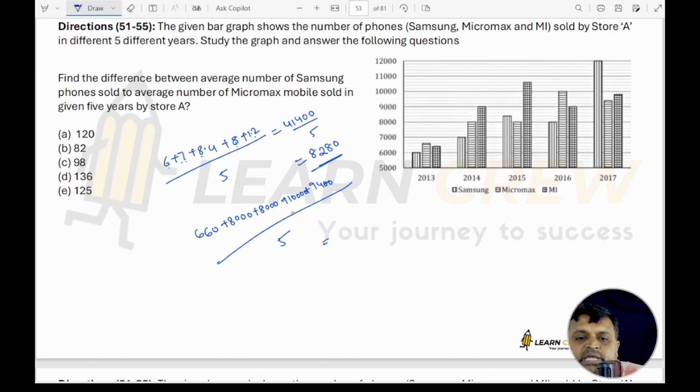Please add everything: 6,600, 600 and 400 make 1,000. Adding up gives 42,000. 42,000 divided by 5 is 8,400. So what is the difference? 8,400 and 8,280. The difference is 120.